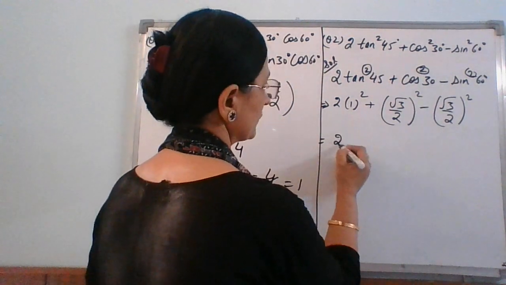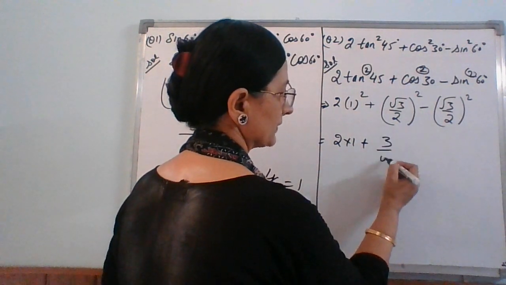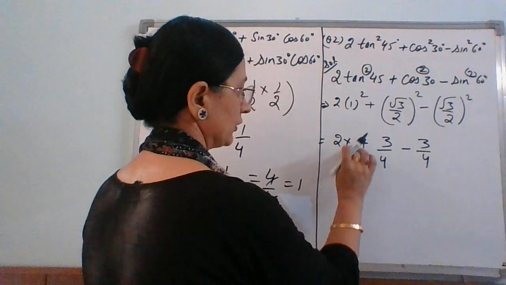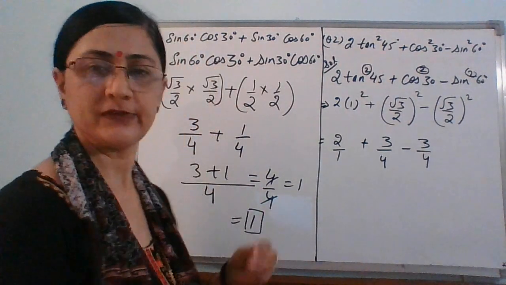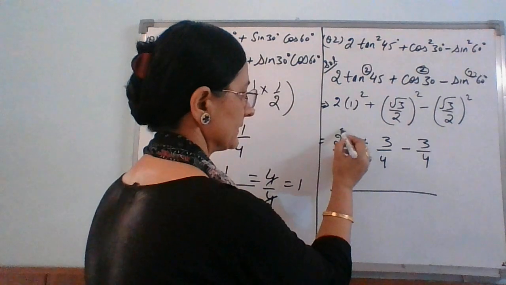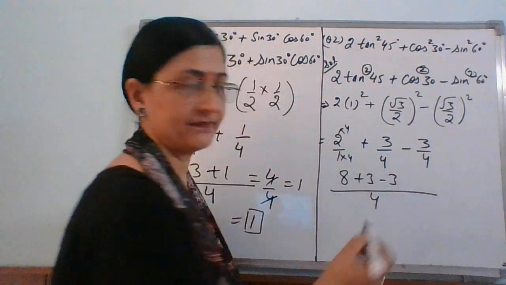So now here it is 2 1s are 2, right? 1 के ऊपर square का. Root 3 squared is 3, 2 2s is 4, root 3 squared is 3, 2 2s is 4. Here it's 2, 2 ही रहने देते, 2 1s are 2 ही होता है, right? Now there is a fraction, we have to take the LCM. LCM आपका 4 आ जाएगा, इसके पास 4 नहीं है. We'll be multiplying this by 4. Right, 4 2s are 8 plus 3 minus 3, right?